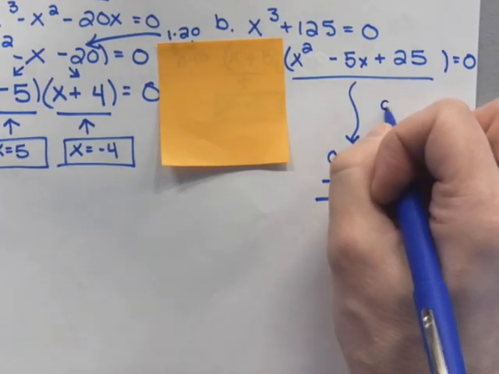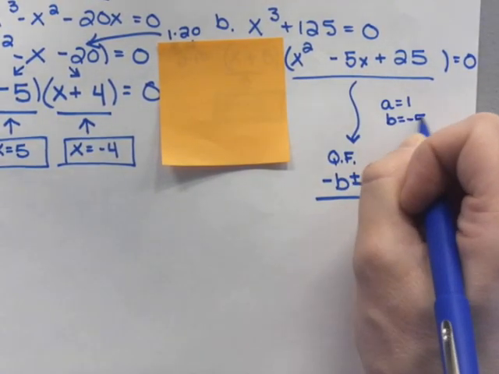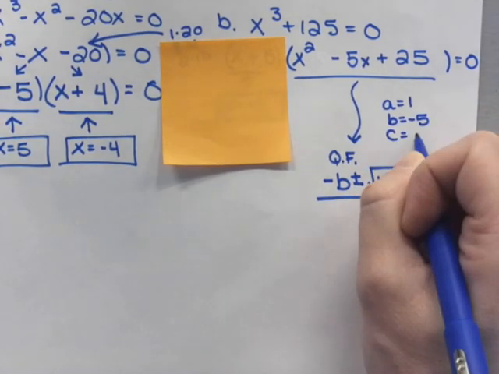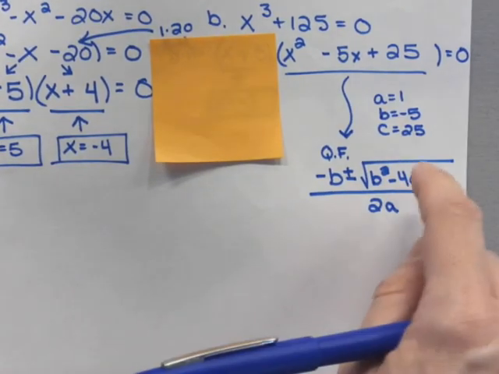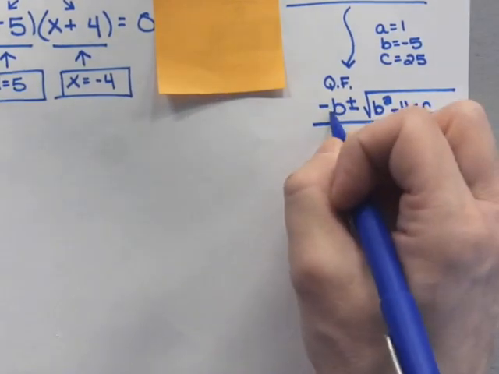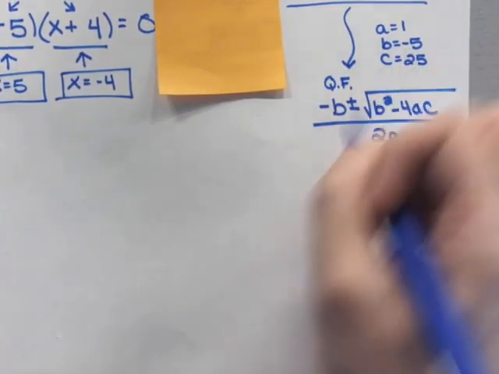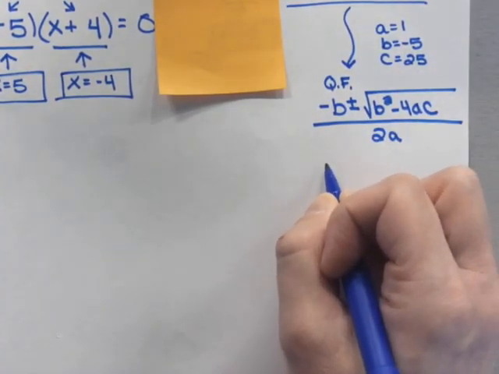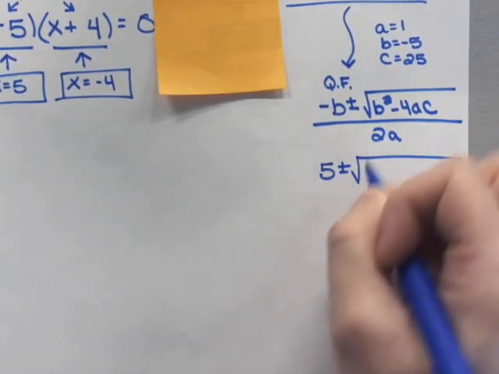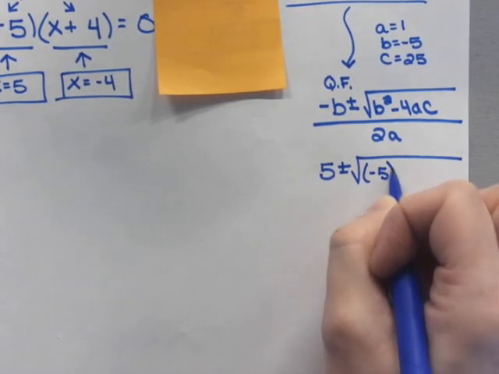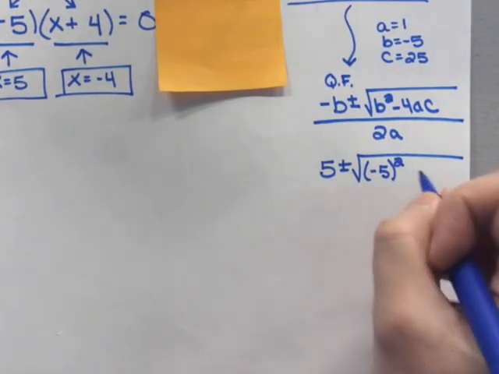What's my a value? What's my b value? And my c value is 25. So I'm just using those values, and I'm going to plug them right on in. The opposite of -5, or -5, is really what? 5. Plus minus the square root of b squared. Remember, when you plug it in, it has to be plugged in a parenthesis house.